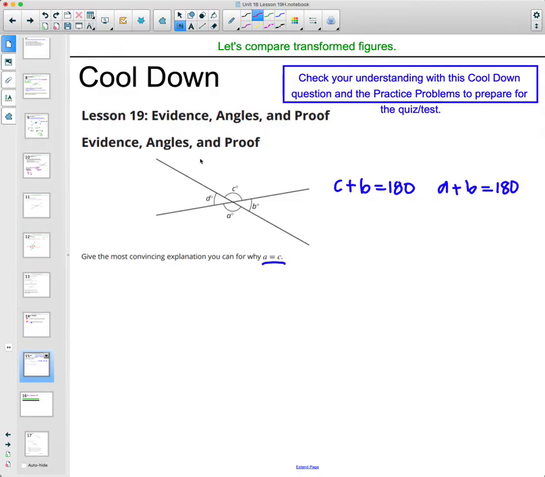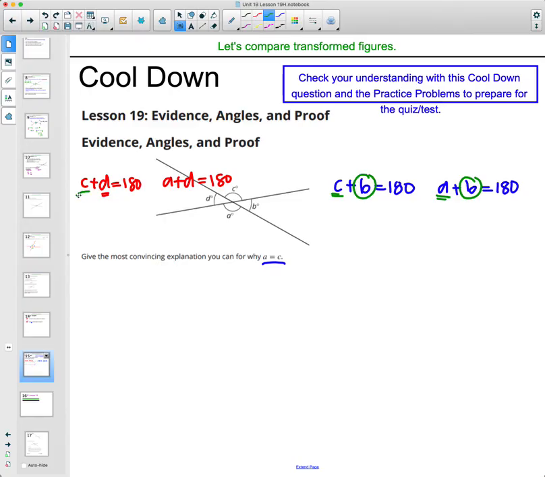Make sure, and you could have done it with D as well. So you could do C plus D equals 180, in which case then you need to reuse D. So A plus D equals 180. So make sure you have both C and A in an equation, and the other letter that you use is the same.